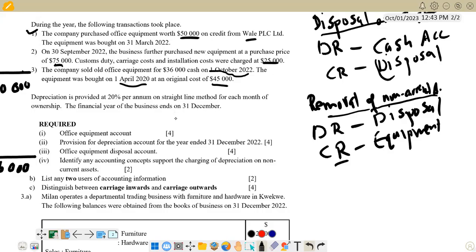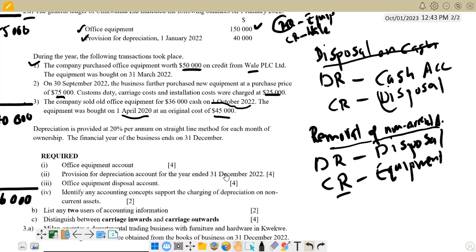So we need to calculate the accumulated depreciation from when it was bought up to the date when it was sold, and then remove that accumulated depreciation in the books. Remember, we also calculate depreciation for the period it stayed in the business in 2022. Let's look at the financial periods. That's important.